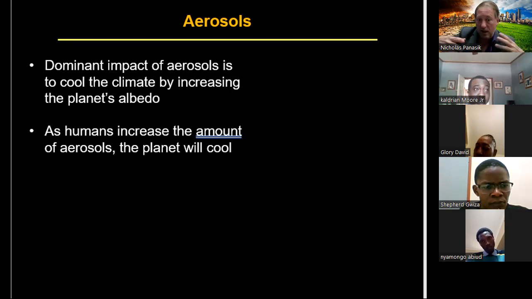When you have more aerosols in the air, you get more condensation around those aerosol particles. And so it leads to a whitening of the clouds, makes them more reflective. And if we're reflecting more light back into space before it ever gets to the planet, then it's like increasing the albedo, okay? And we've been sticking a lot of aerosols in the planet.